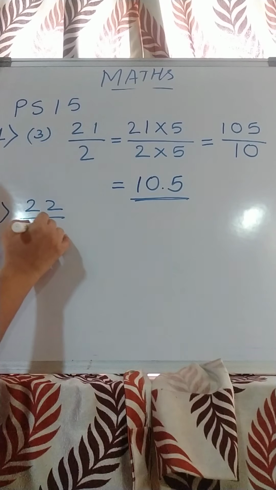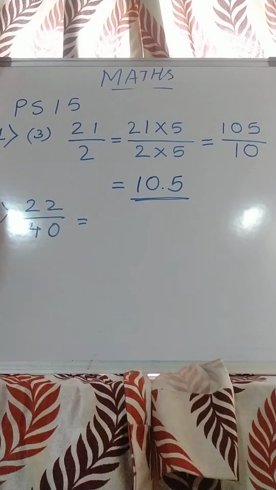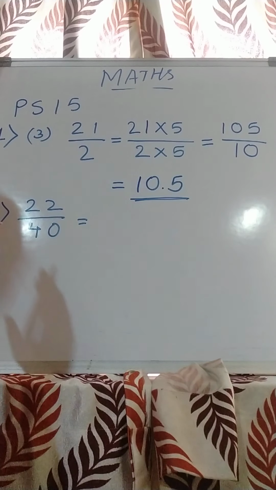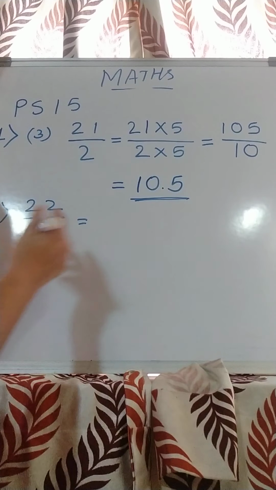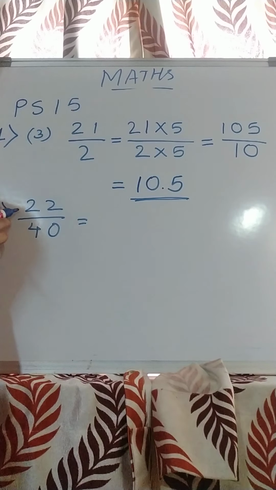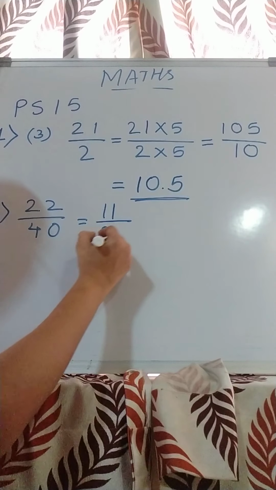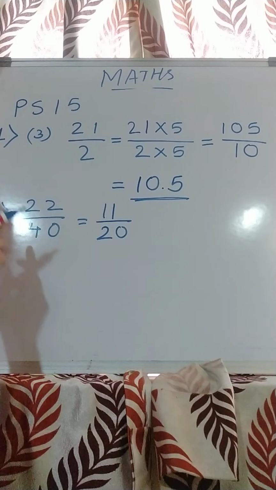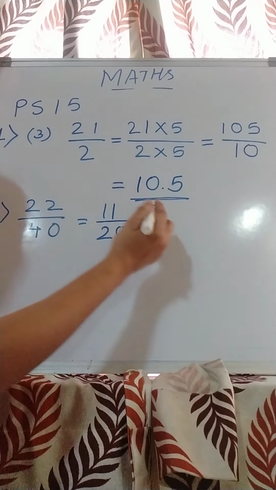Fourth one, 22 upon 40. Here you can first convert it into a simple fraction. This can be divided by only one number, that is 2. So 11 upon 20. 22 divided by 2 is 11 and 40 divided by 2 is 20.